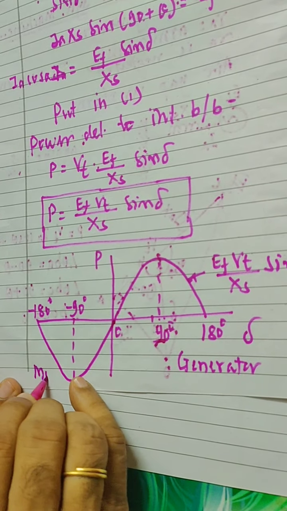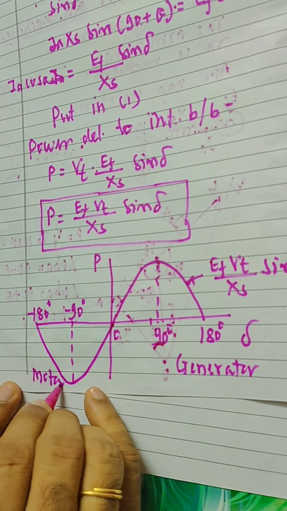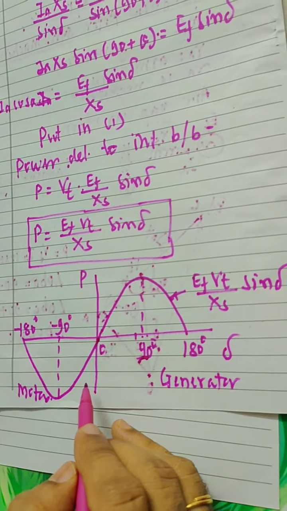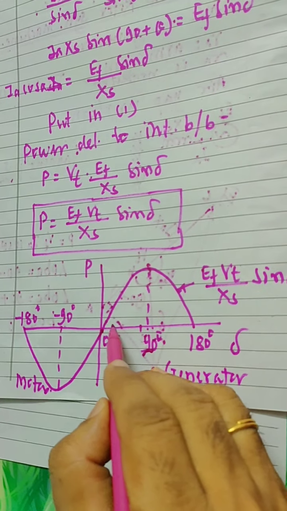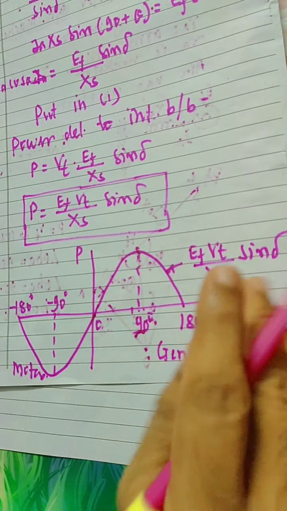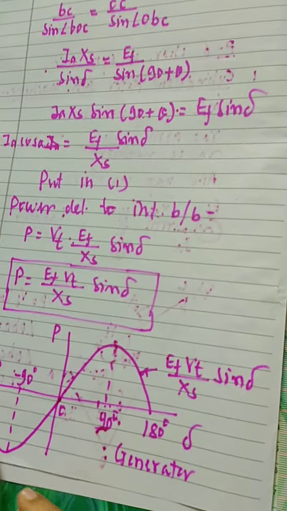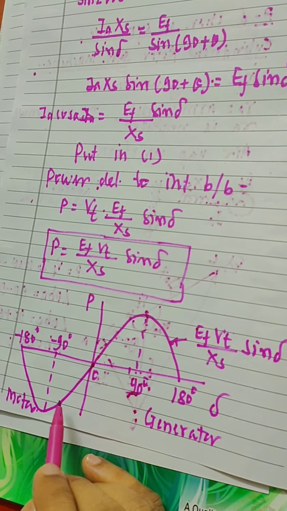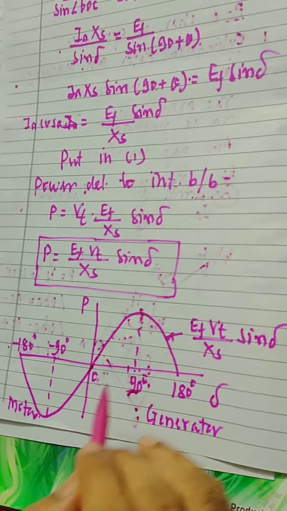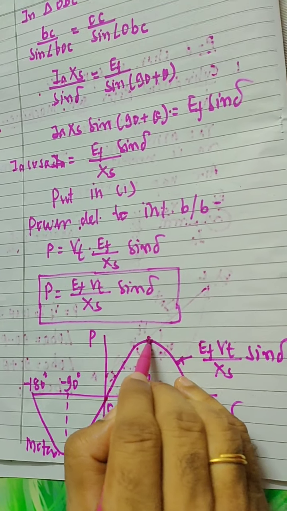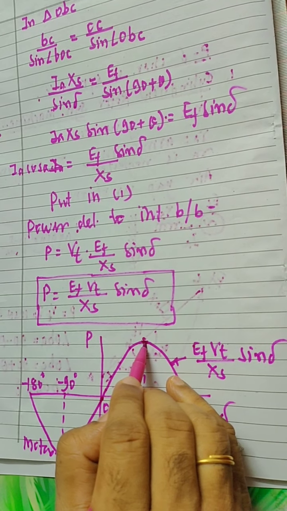So this is the P-delta characteristics of the synchronous machine. It is positive when the machine operates as a generator and negative when it operates as a motor. At 90 degrees, the power is maximum.